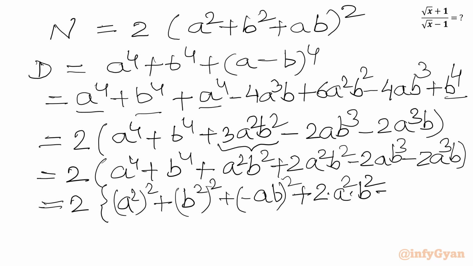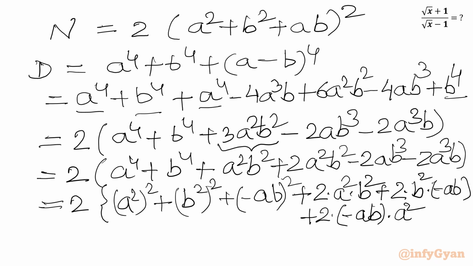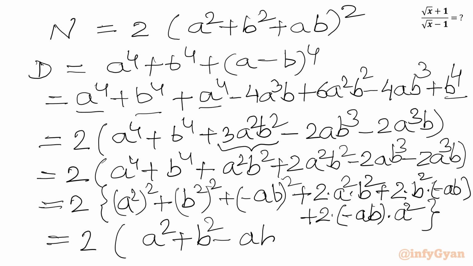Then we will write plus 2 times b square times minus ab, which will give us minus 2ab cube, plus 2 times minus ab times a square, which will give us minus 2a cube b. Now this is again one perfect square. This time it is a square plus b square minus ab whole square.